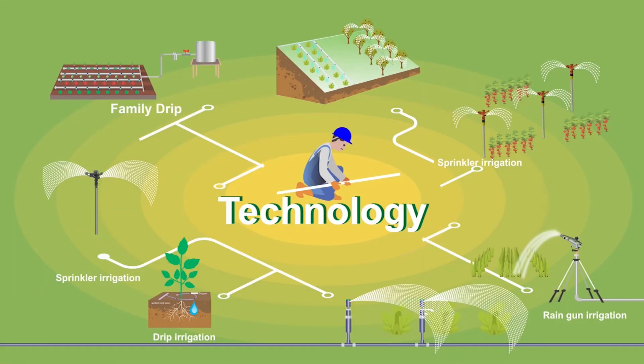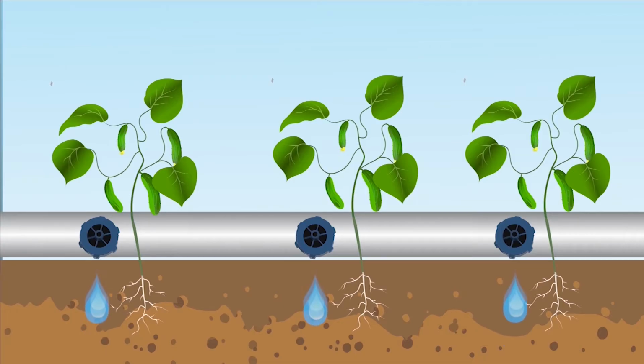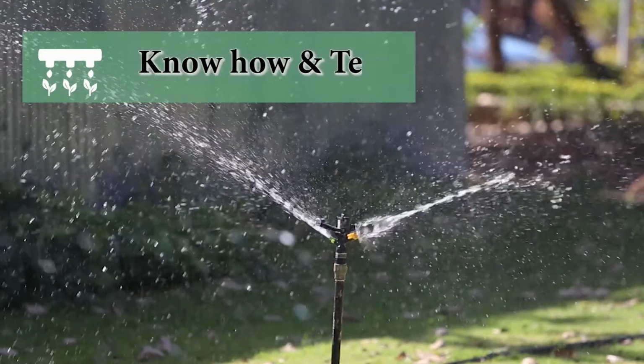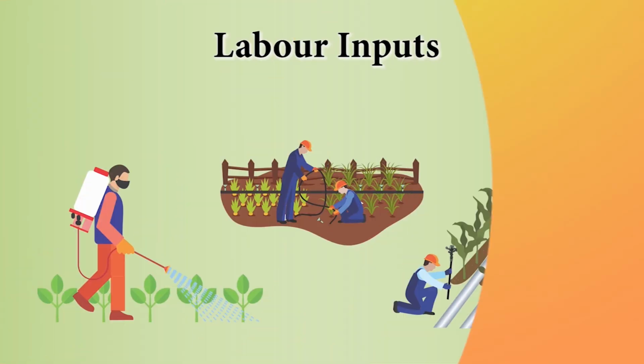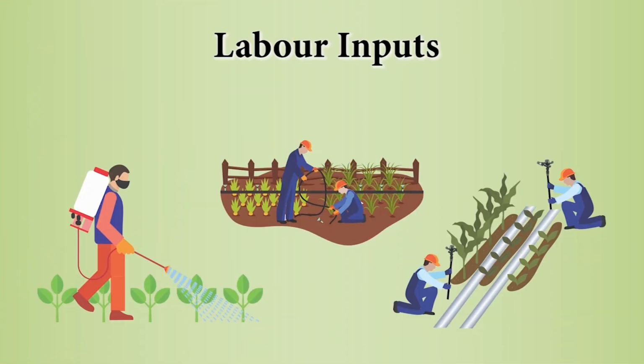Now let's see the sixth factor, that is technology. The choice of irrigation method is also influenced by technology. In general, drip and sprinkler irrigation require a higher level of know-how and technology. They are not only capital intensive but also require regular maintenance as compared to surface irrigation methods. Now let's go to the seventh factor, that is labor inputs.